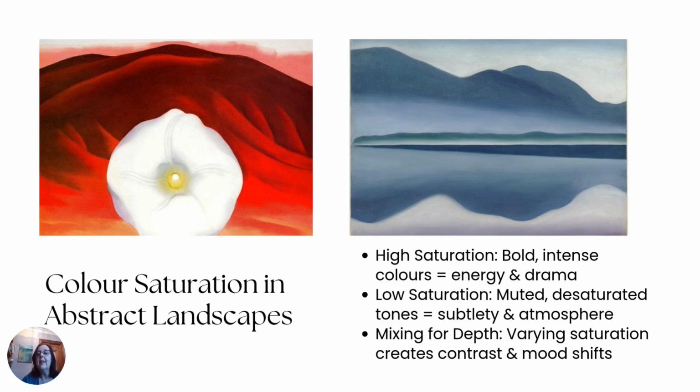The deep, rich reds of the hills dominate the scene, evoking heat, intensity, and drama. The bright white flower in the foreground contrasts sharply with the saturated background, making it the clear focal point of the painting. The high saturation makes the landscape feel alive and full of energy.